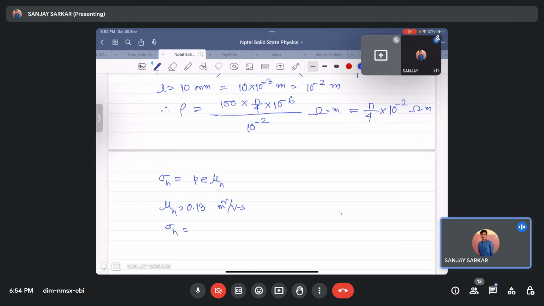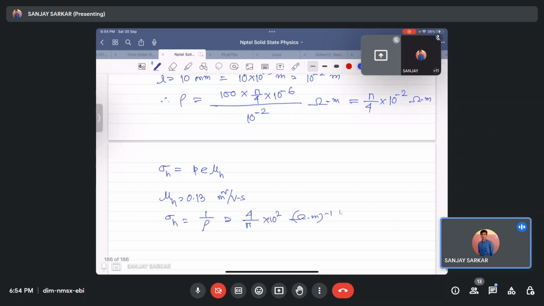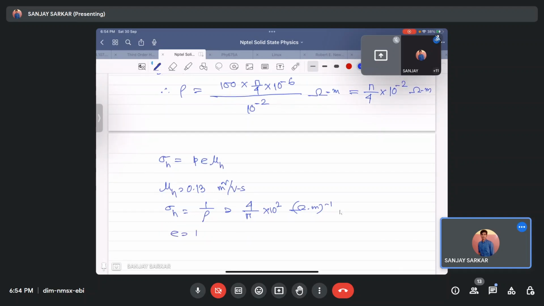So sigma is equal to 1 by rho, that will be 4 by pi into 10 square ohm meter inverse. So putting this value, and e is 1.6 into 10 to the power minus 19 coulomb.